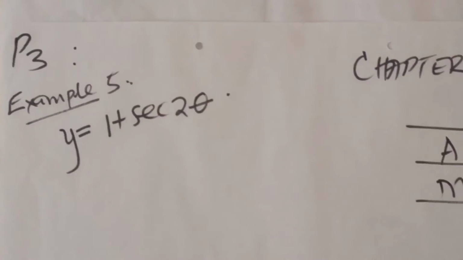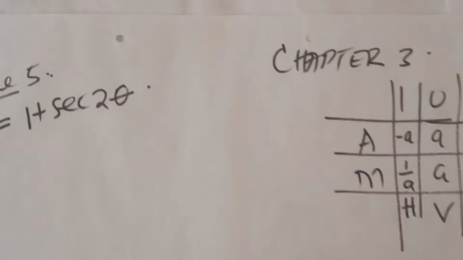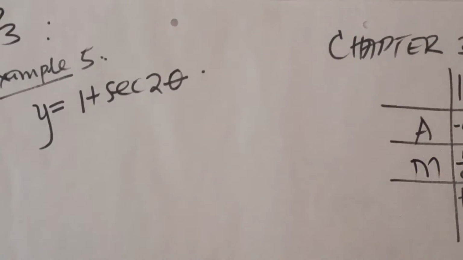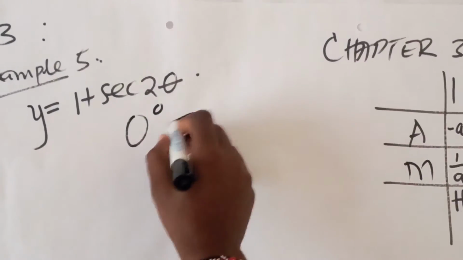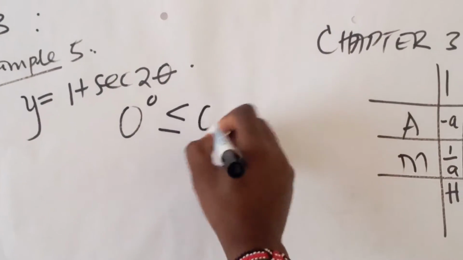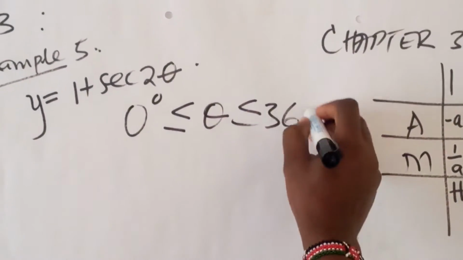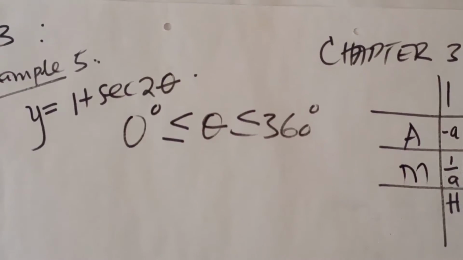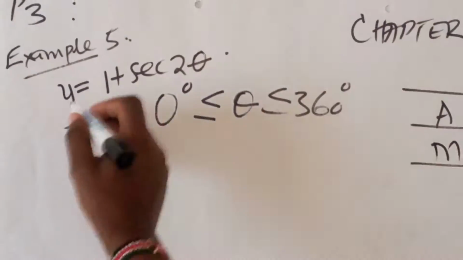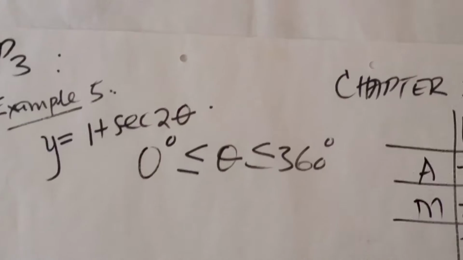In example 5, we are supposed to sketch, in the interval between 0 degrees all the way to 360 as the values of theta, the graph of y equals 1 plus sec 2 theta.